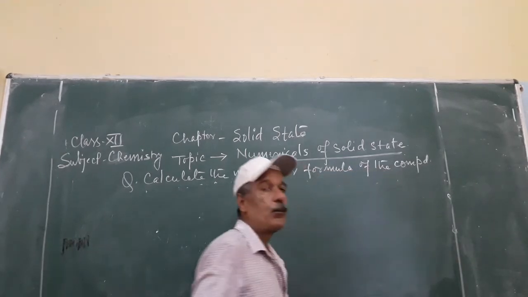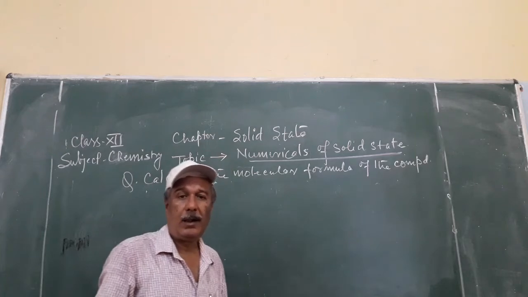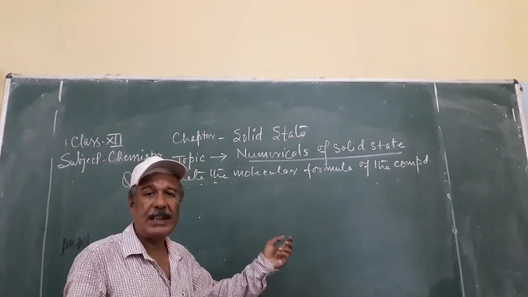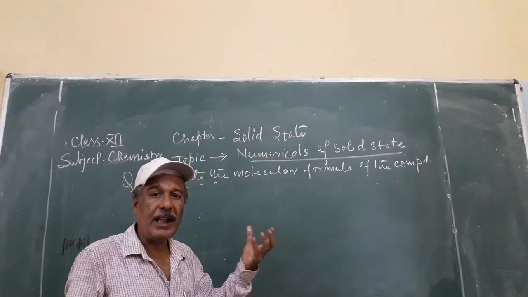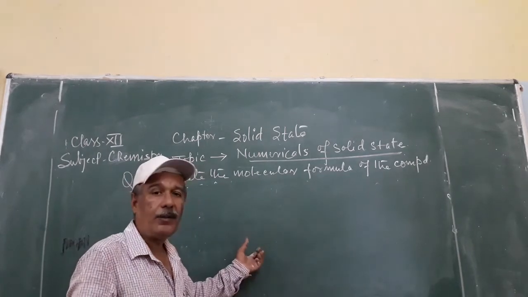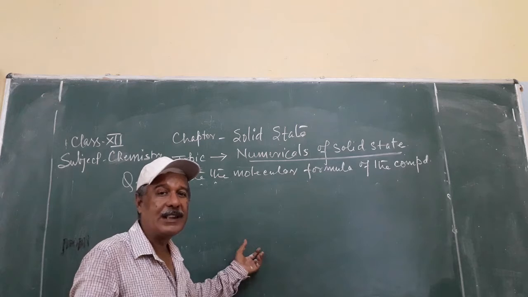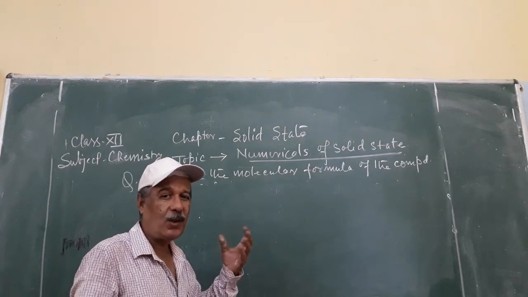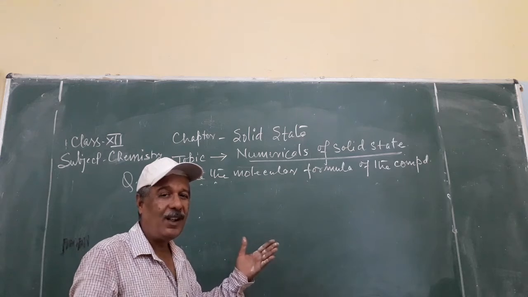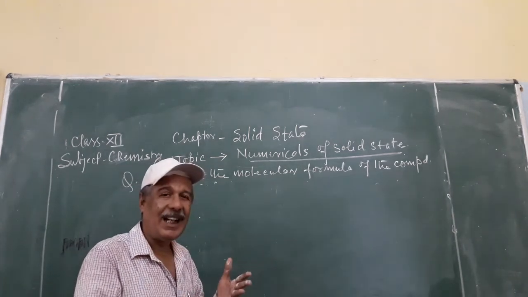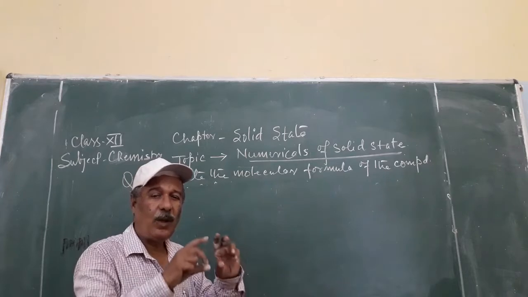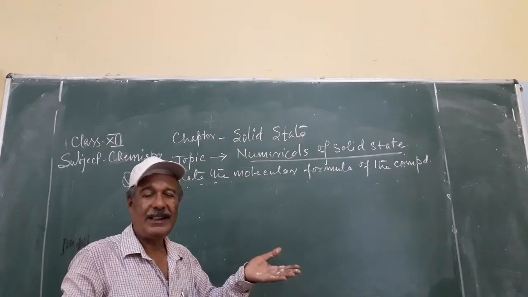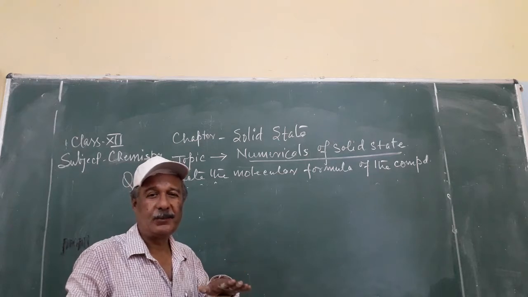The next type of structure formula determination numericals are based on the conclusion we had drawn with the help of close packing of a structure. Recall your memory. In the study of close packing of a structure, we had studied that when atoms undergo close packing, they form voids.